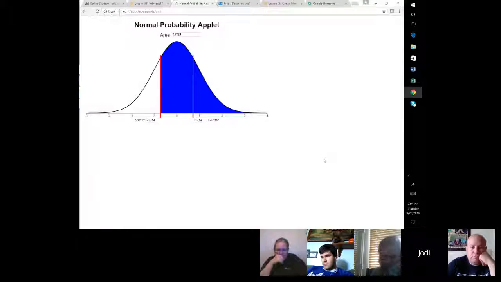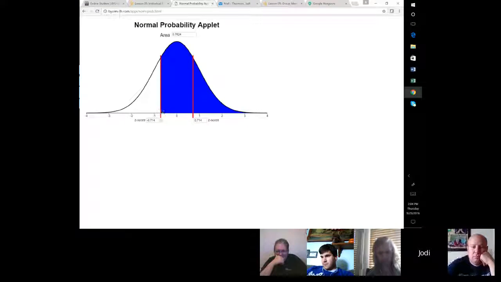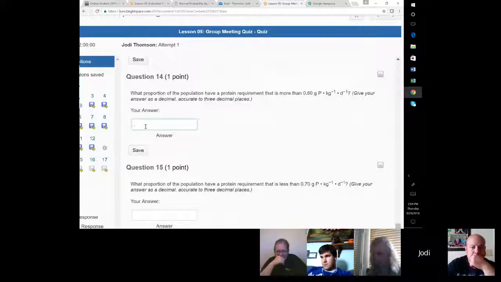She didn't quite color the rest of the applet. So the 0.6 still has the negative Z-score. Oh, there we go. Yeah, that would make sense. So anything more than 0.6 is 0.762. Okay, 0.762.